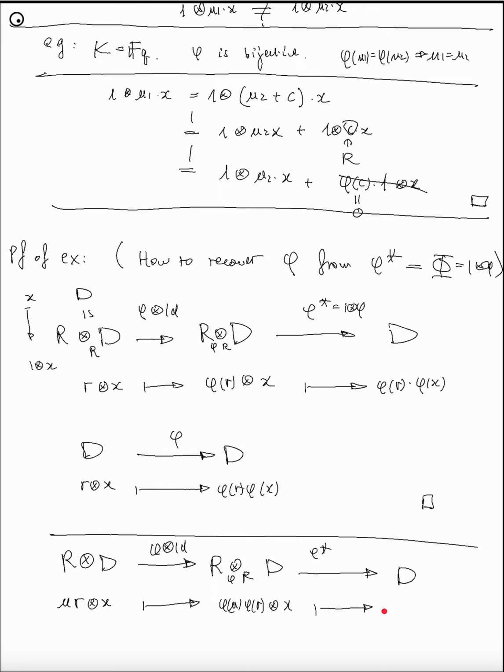Through the linearization, this is mapped to phi(mu) phi(r) phi(x). And we know that r tensor over R with D, this is the same as r mu x. This is mapped to phi(r) and then mu x. And through the linearization, this is mapped to phi(r) phi(mu x), which is phi(r) phi(mu) phi(x). And this is the same because we require R to be a commutative ring.